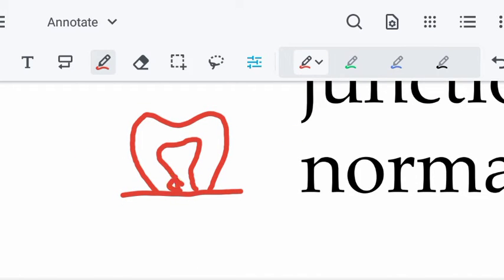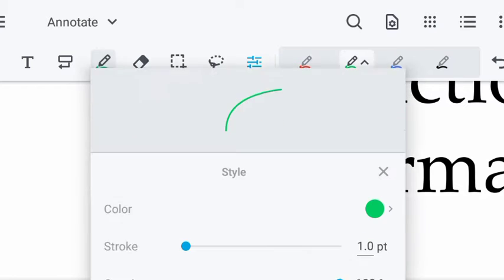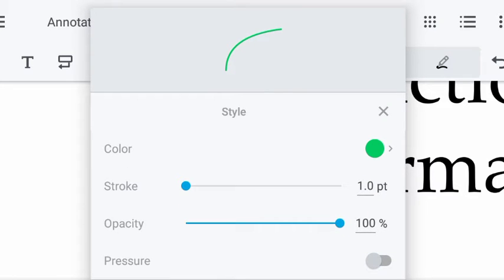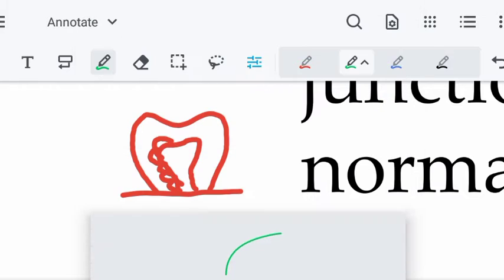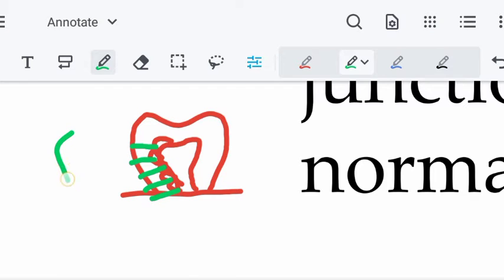Here are the odontoblast cells, and here these are the dentinal tubules. They are actually S-shaped like this.